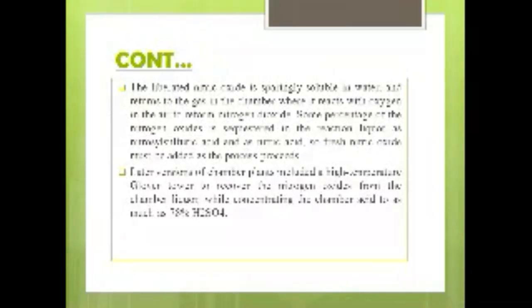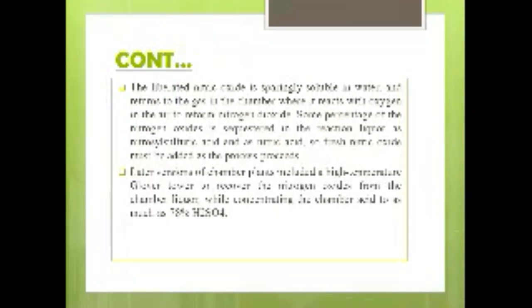The liberated nitric oxide is sparingly soluble in water, but it returns to the gas in the chamber where it reacts with oxygen in the presence of air to reform nitrogen dioxide. Some percentage of nitrogen oxides is sequestered in the reaction liquor as nitrosyl sulfuric acid and as nitric acid. So fresh nitric oxide must be added as the process proceeds.